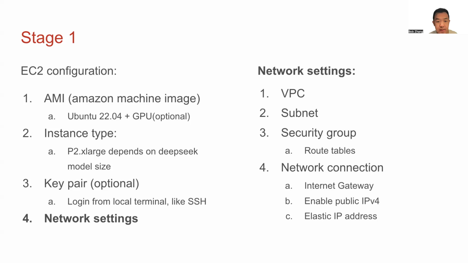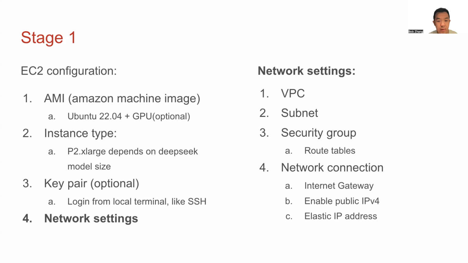And the instance type is important. We are going to use a P2 xlarge, which we have chosen based on DeepSeek's model size. In this case, the DeepSeek model is 8 billion, which requires 20 to 30 gigabytes of memory.